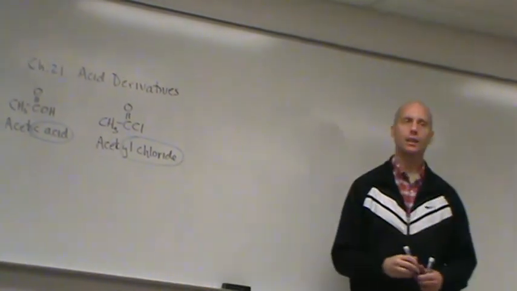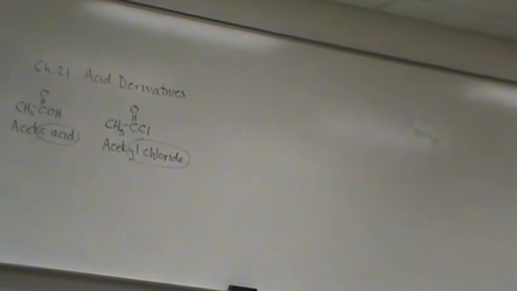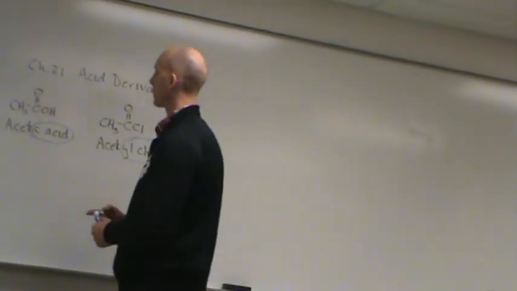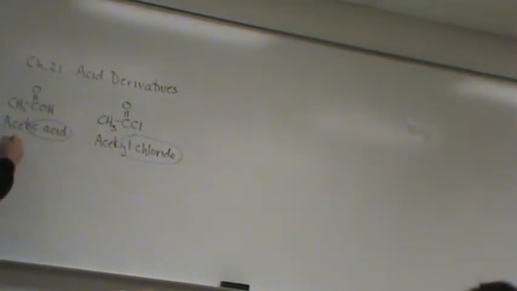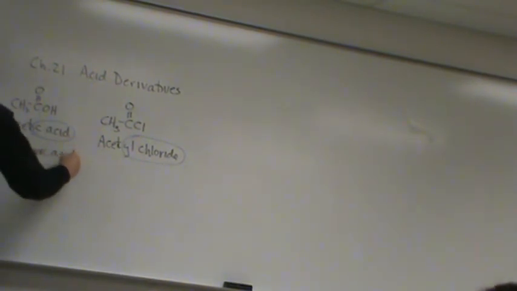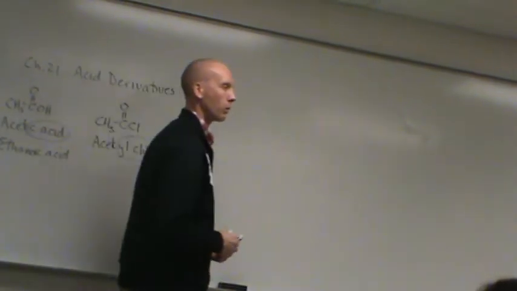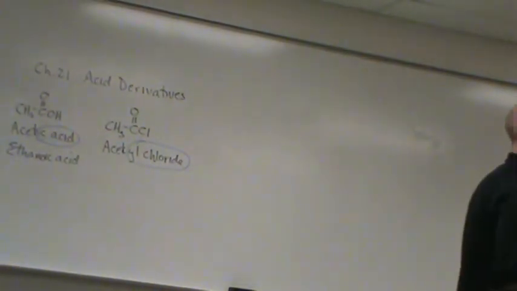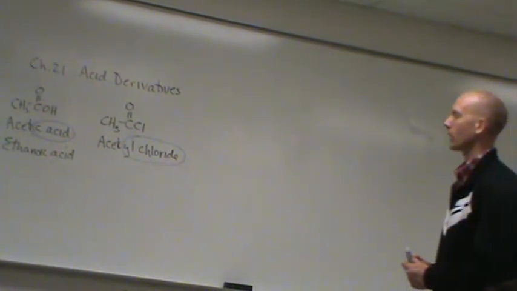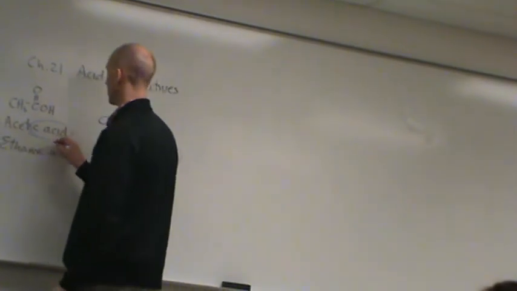So you see the derivative nature of it. What's another name for acetic acid? The 2-carbon acid, what was another name for that? Ethanoic acid. So what would be another way to name that acid chloride? Right, so drop the ic acid.